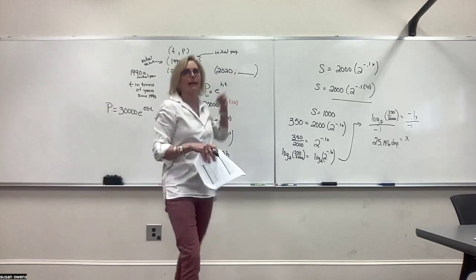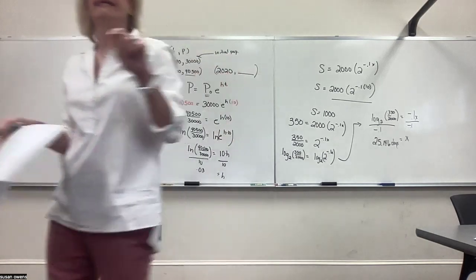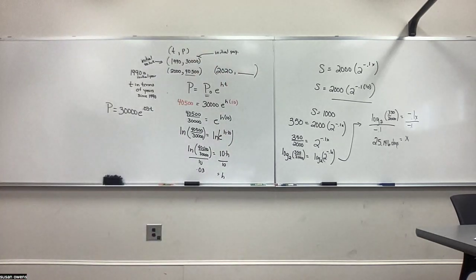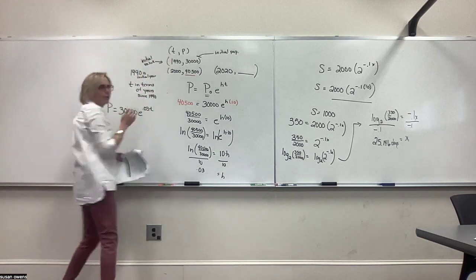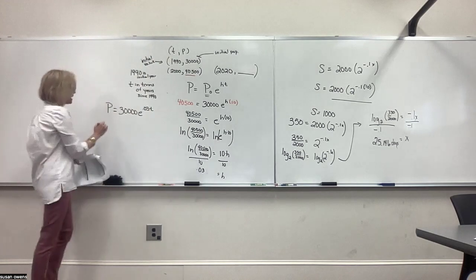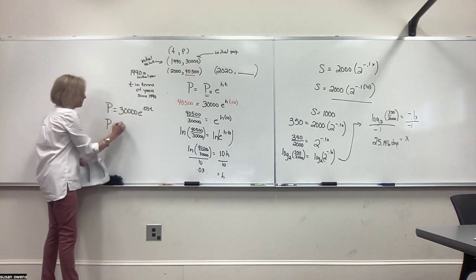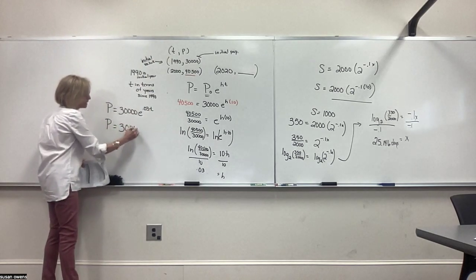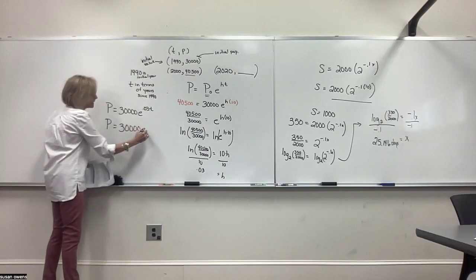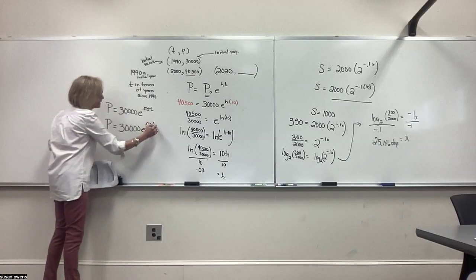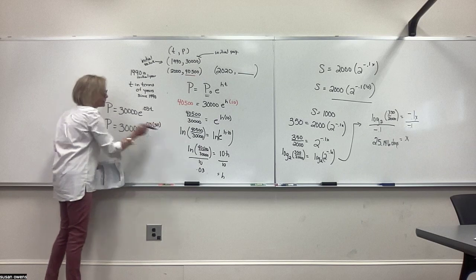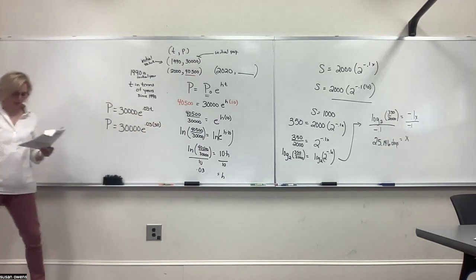In 2020, what is T going to be? 30, because it is 30 years after 1990. Okay, so P, this is the one that Chloe liked because I don't have to use the log stuff anymore. e to the 0.03 times 30. Just put it in your calculator.